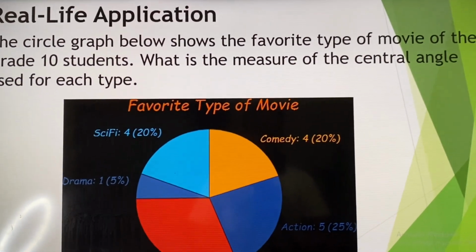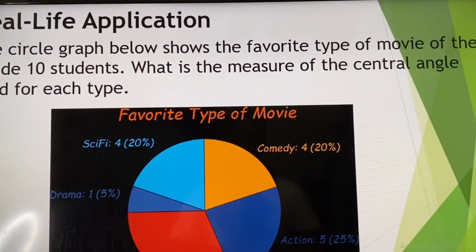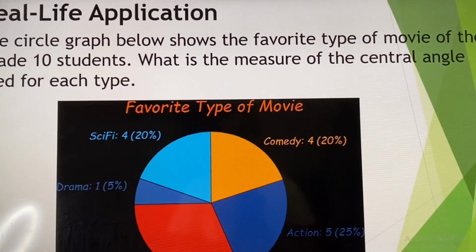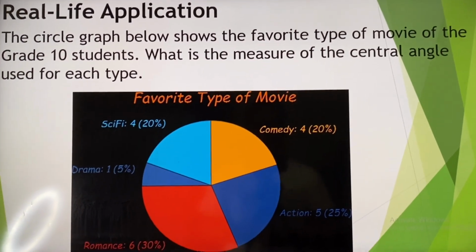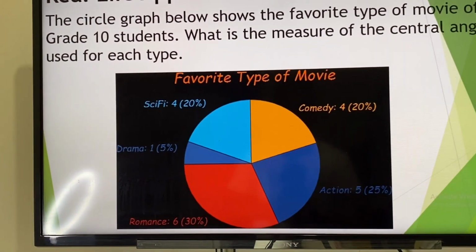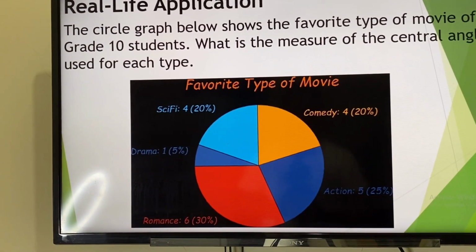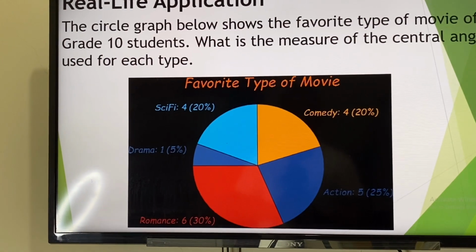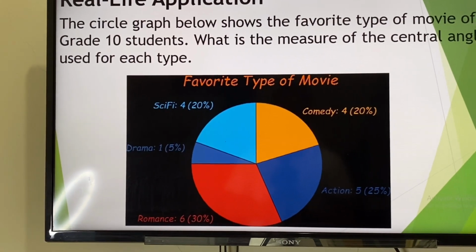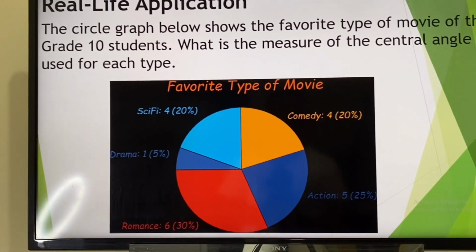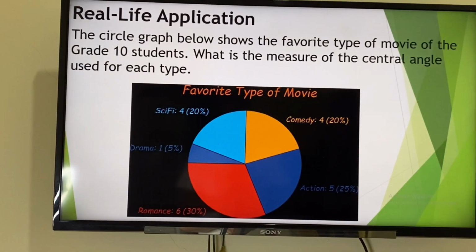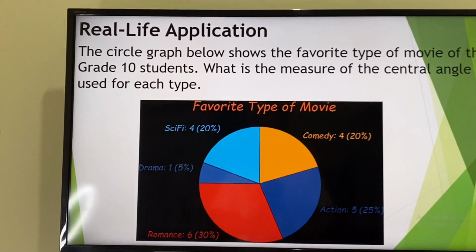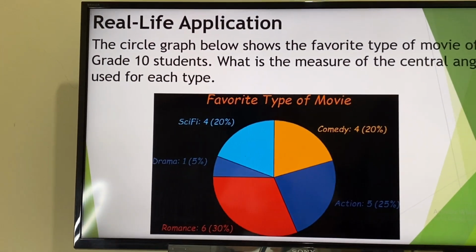Going back to the question, what is the measure of the central angle used for each type? To find the answer, the central angle, you are going to multiply the percentage to 360 degrees.